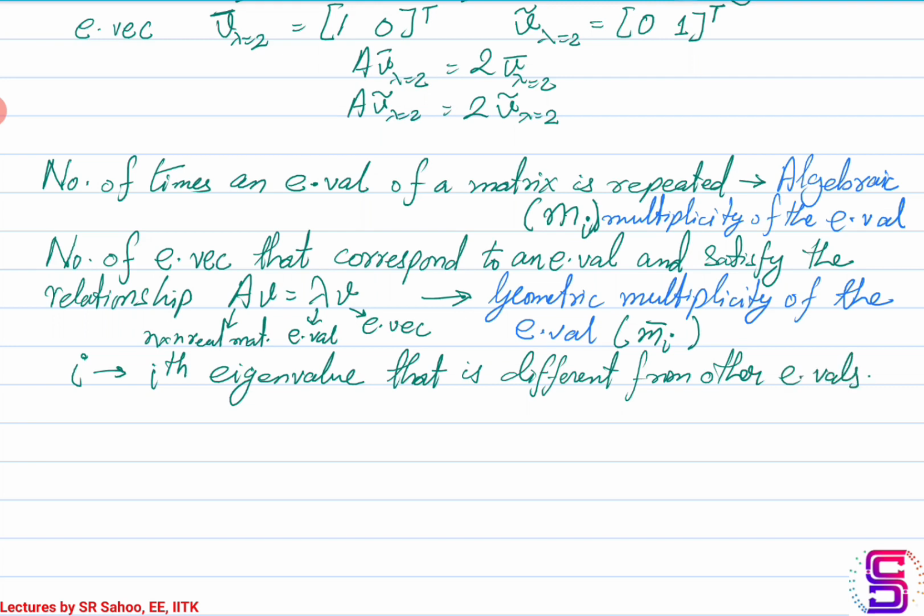To clarify what this i stands for, if A is a matrix in R 3 cross 3, and the eigenvalues corresponding to A are, let's say, 2, 2 and 1, then m_1 is going to be 2.